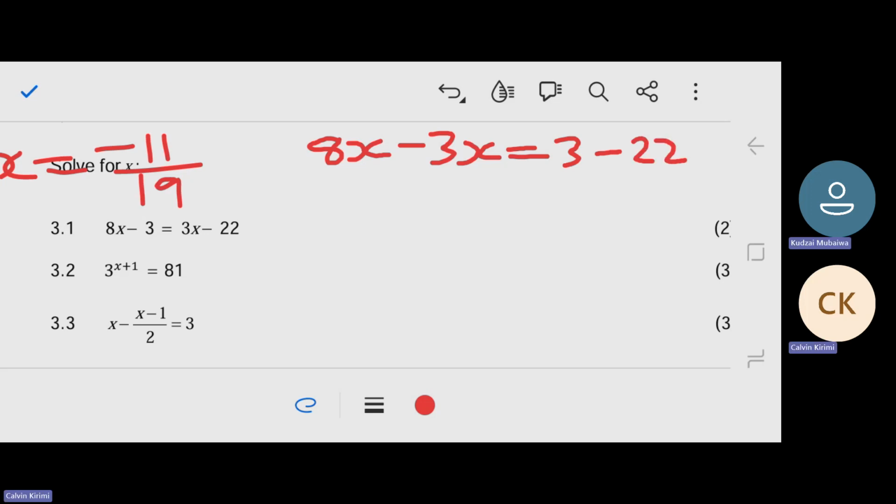I moved the positive 3. So when it goes that side, it becomes what? When it moves to the left, it becomes what? 3x. When it goes, it becomes what? I made a mistake. I did not change the sign. You can't do that. Tomorrow you're writing. You can't make those careless mistakes up to now. So continue from here. You tell me what you are going to do. Yes, sir.